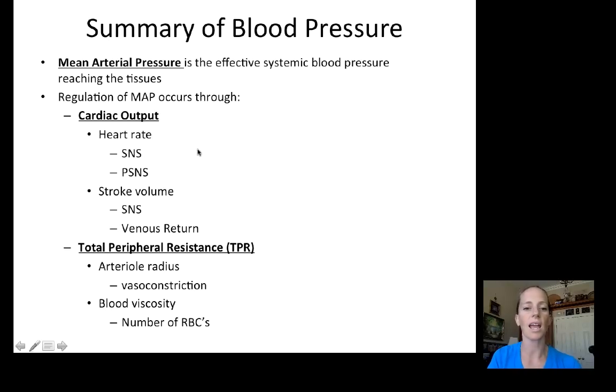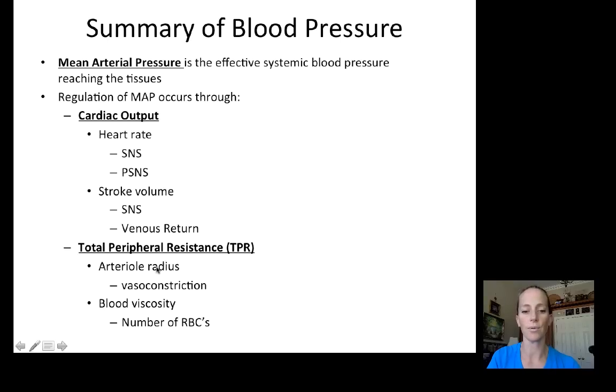We can affect cardiac output by affecting stroke volume. We can affect that by all of those venous return mechanisms we just talked about. We can also directly affect stroke volume by sympathetic input, which increases calcium and general contractility of the heart. And finally, we can increase the total blood pressure by increasing total peripheral resistance.